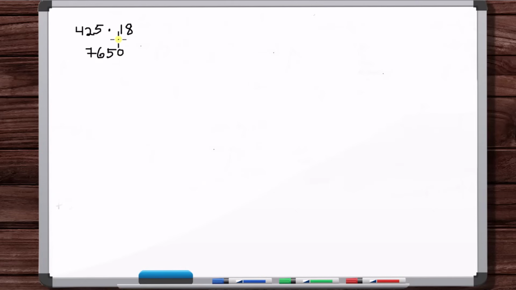Now of the 2 numbers, you count the number of significant figures, and you keep the number with the least number of significant figures. This isn't like addition and subtraction where you're looking for the precision of the number. This is strictly count the total number of significant figures in each number, and the final answer is rounded to the number with the least number of significant digits. So here, this has 3, this has 2, so we're going to round this to 2 significant figures.